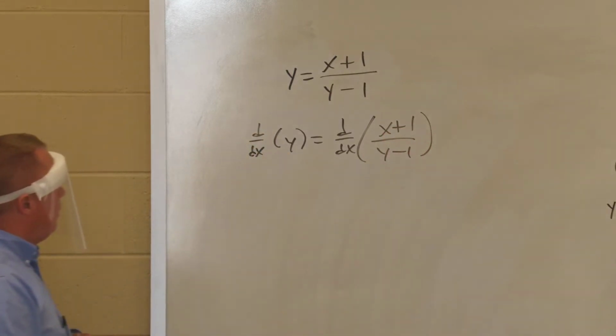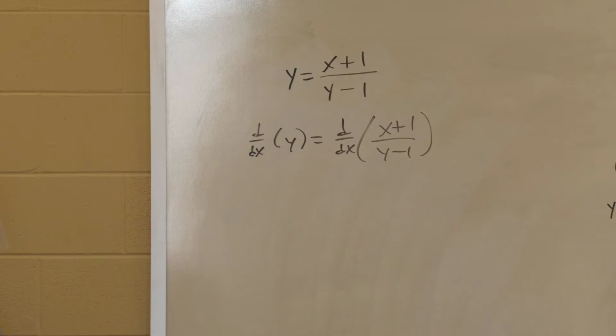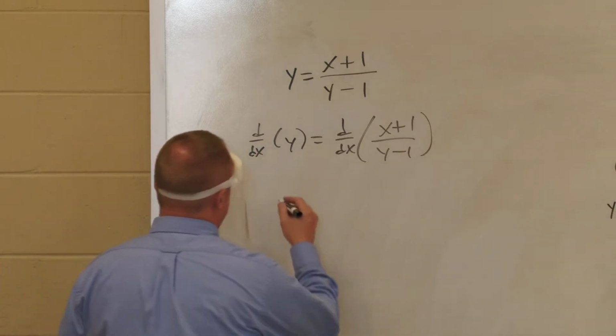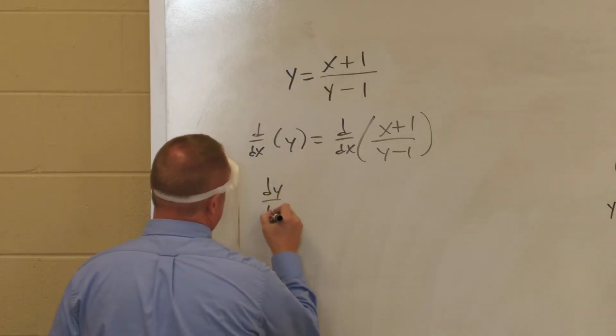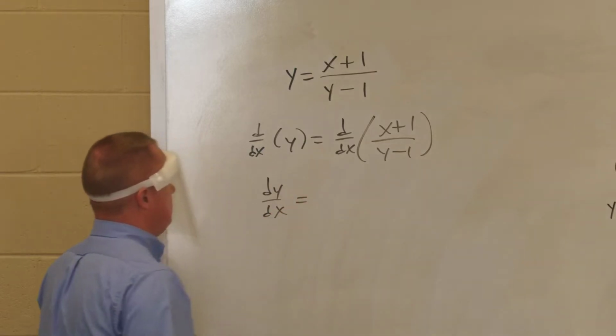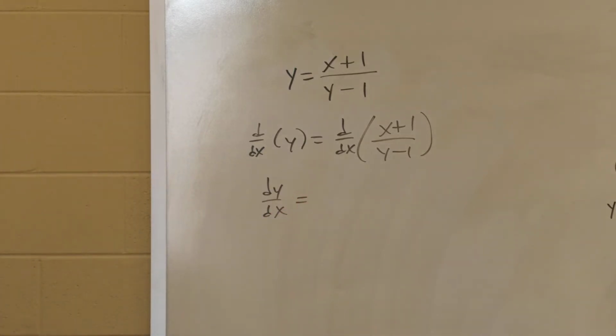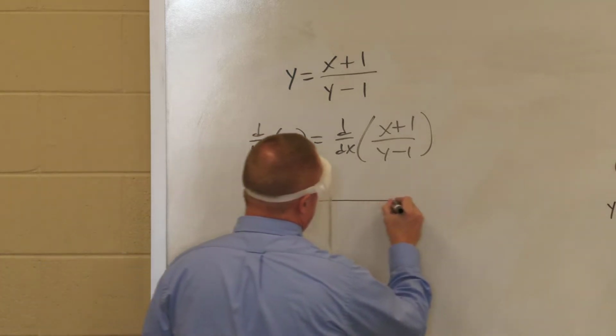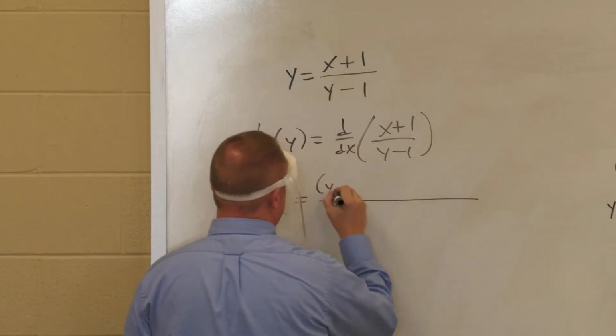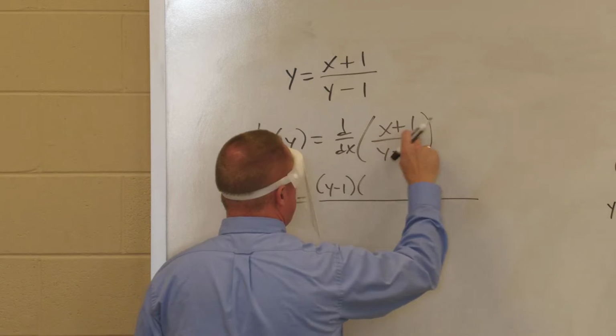Okay. On the left, derivative of y with respect to x is dy/dx. I'm going to go ahead and write this dy dx on this one. Okay. On the right side, got to have a quotient, so we have got to follow the rules for differentiating quotients. Right? Quotient rule. So it will be the bottom, y minus 1, times the derivative of the top.